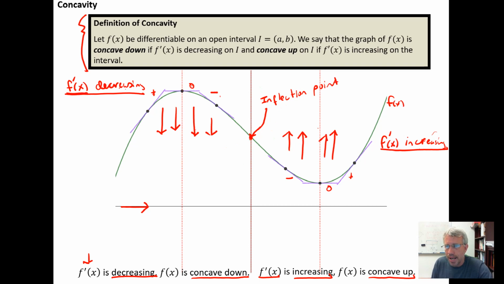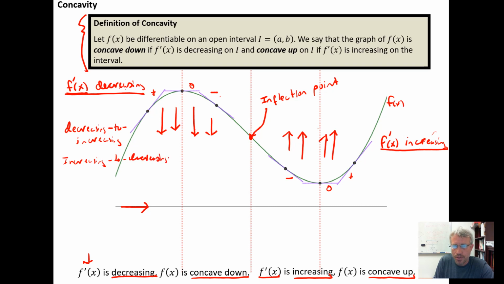The key is that at the inflection point, one of two things is going to happen. Either the derivative is going to change from decreasing to increasing, like it did in this case, or vice versa, it's going to change from increasing to decreasing.